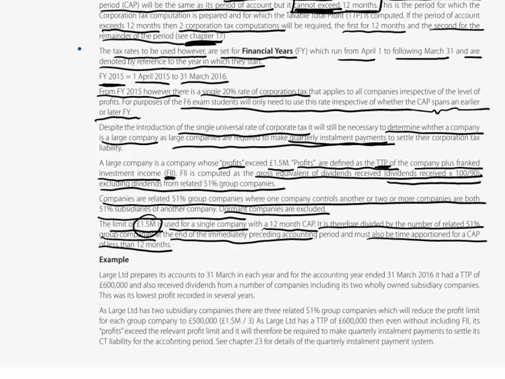If the chargeable accounting period was 6 months, then you take 6/12 of the 1.5 million limit. That 1.5 million limit must also be divided by the number of related 51% group companies. Related 51% group companies exist where you have a parent company that has a subsidiary or subsidiary companies in which it obviously owns more than 50% of the shares.